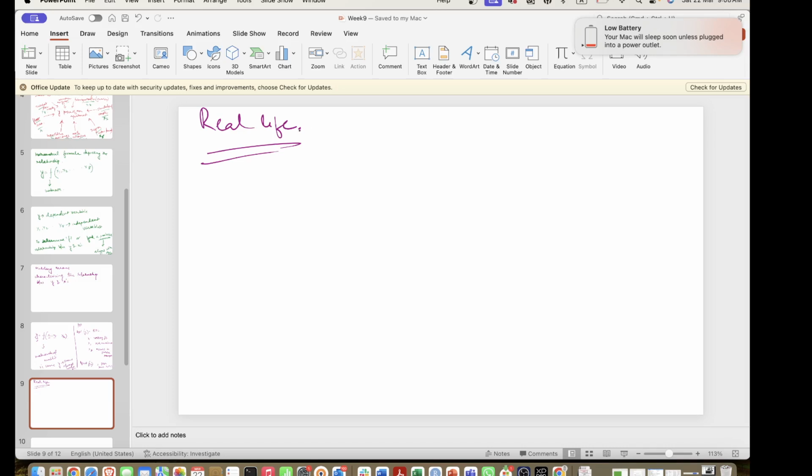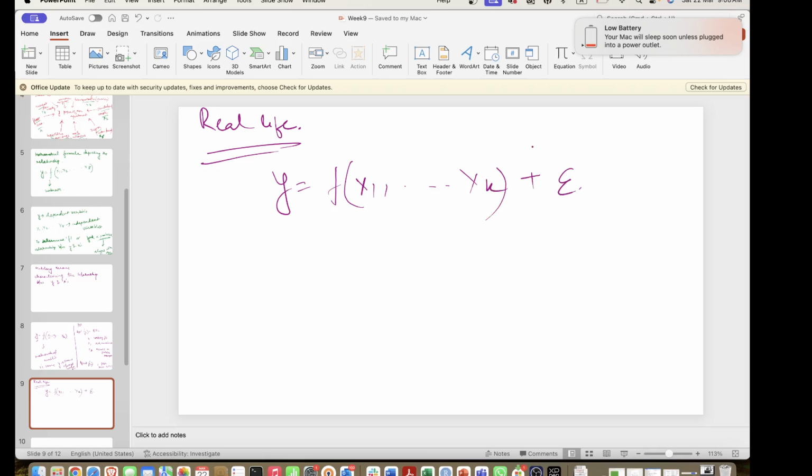mostly we have something like this: y equal to f of x1 to xk plus epsilon. Now this is what we were talking about in terms of unknown.